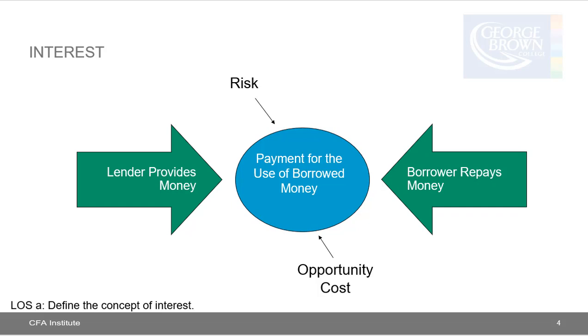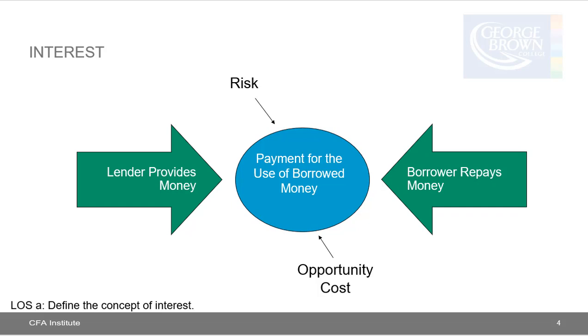The lender also bears risk, such as the risk of not getting the money back if the borrower defaults, which is a failure to make a promised payment. The riskier the borrower, or the less certain the borrower's apparent ability to repay the loan, the higher the level of interest demanded by the lender. So higher risk, higher rates.